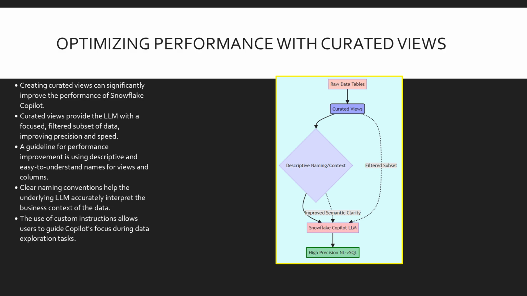This refinement provides the focused, filtered subset of data, along with semantic clarity, directly to the Snowflake Copilot LLM. This focused input dramatically improves the quality of the LLM's reasoning, allowing it to achieve high precision when converting natural language requests into efficient SQL statements. The flow highlights that views act as a crucial layer of abstraction, enabling the AI to bypass unnecessary complexity and quickly understand the intended business meaning of the data.